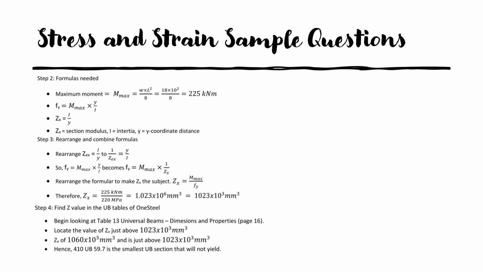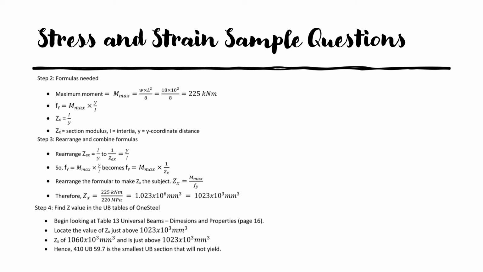After finishing gathering data in step 1, now we are to determine what formulas are needed to solve this question. First off, we have the formula for calculating the maximum moment, which equals the UDL multiplied by the square of the length of the beam divided by 8.